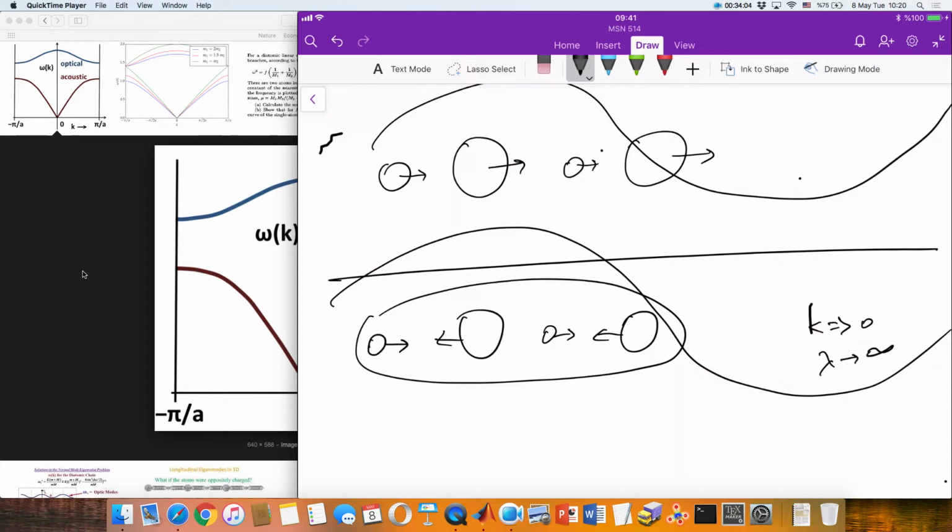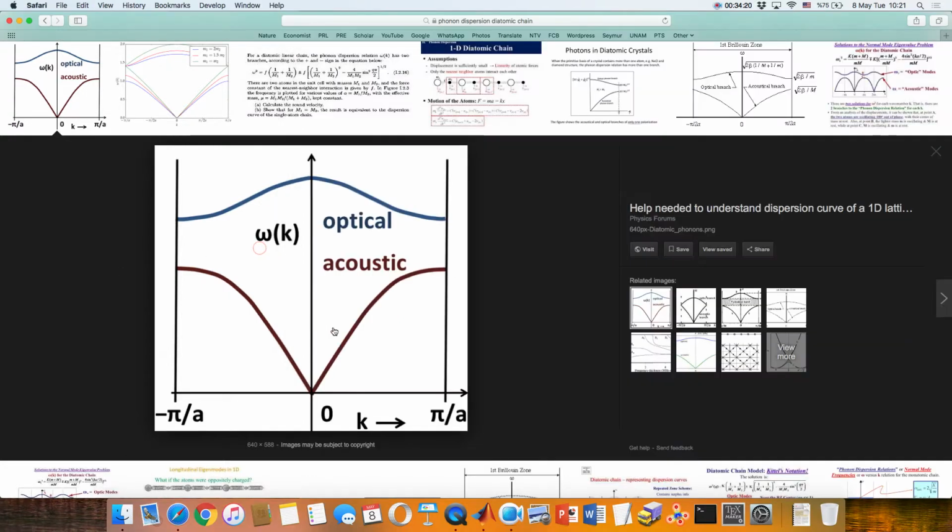Just imagine a chain, and each M1 you move to the right, each M2 you move to the left. Right, left, right, left. So you are basically doing this to the crystal. There will be a restoring force, right? That's why you have this finite omega at k equals 0.